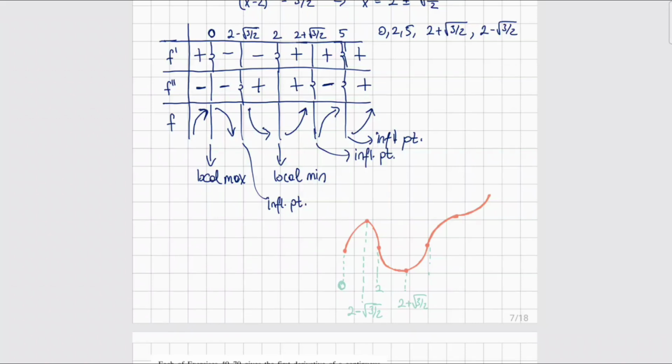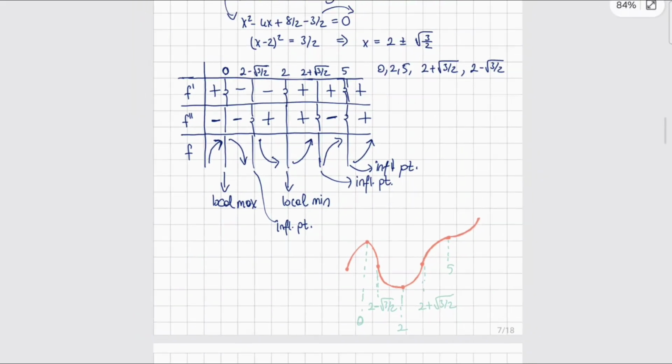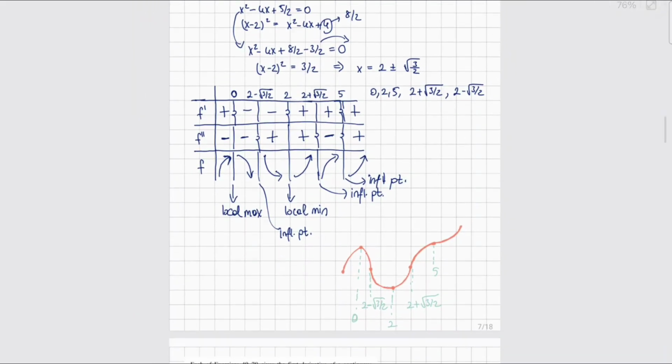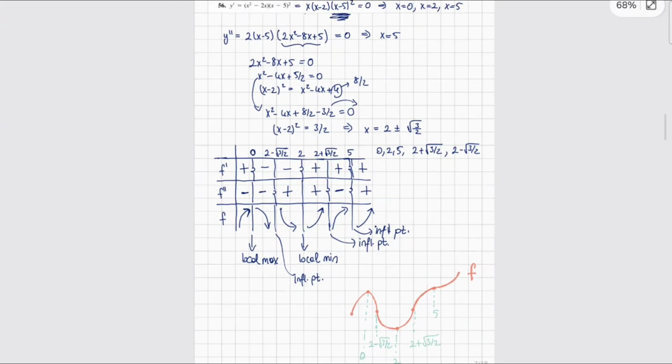Oh, I just shifted, I think. Okay, so I started with a random point, so this will be 0. This will be 2, our local min, and these are my inflection points. This is 5, and these are the other 2 inflection points. Okay, so this is roughly how our function f looks. And we are done.